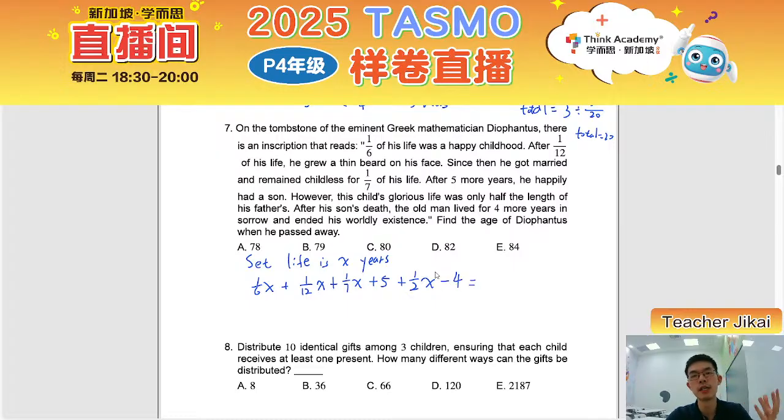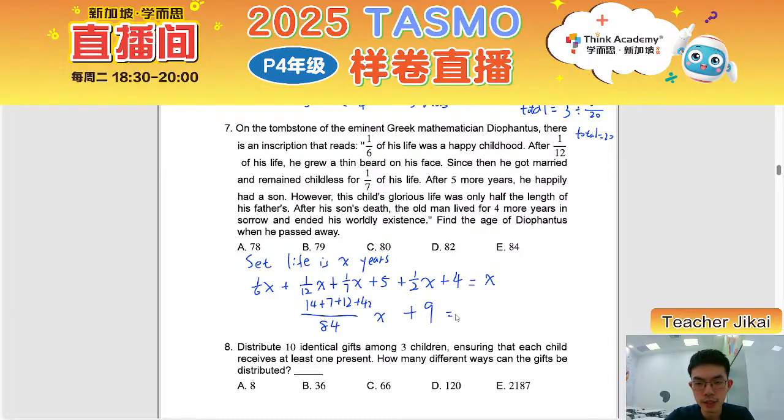So we know these are different parts of his life, right? But when we combine them together, it will be what? It will be the life of the Greek mathematician, so it will be x here. If we add them up, the common denominator is 84: this is 14, this is 7, plus 12, plus 42, x, plus a 9, right?